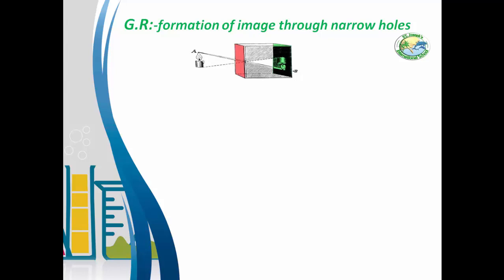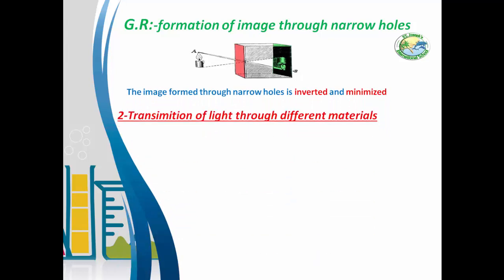Let us move to the second property of light, but we have to revise first that the image formed is minimized and inverted. When we move to the second property of light, we will talk about transmission of light through different materials.